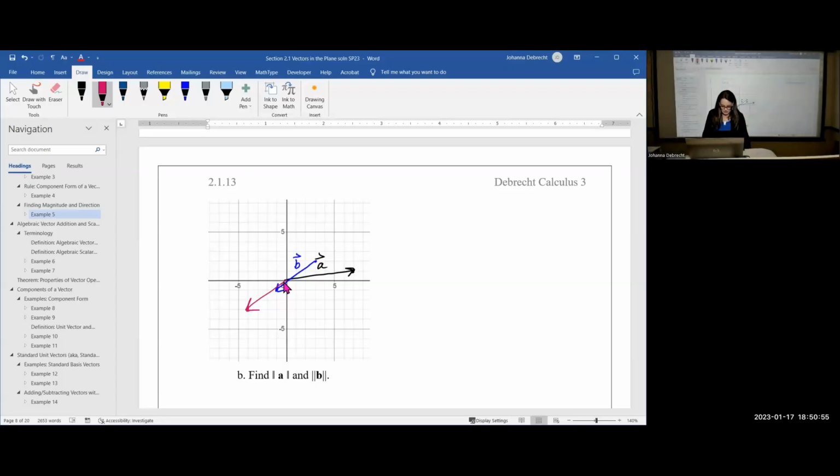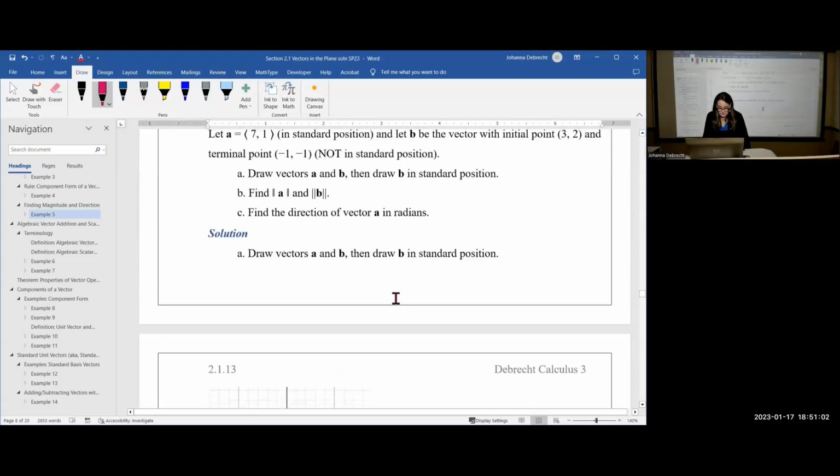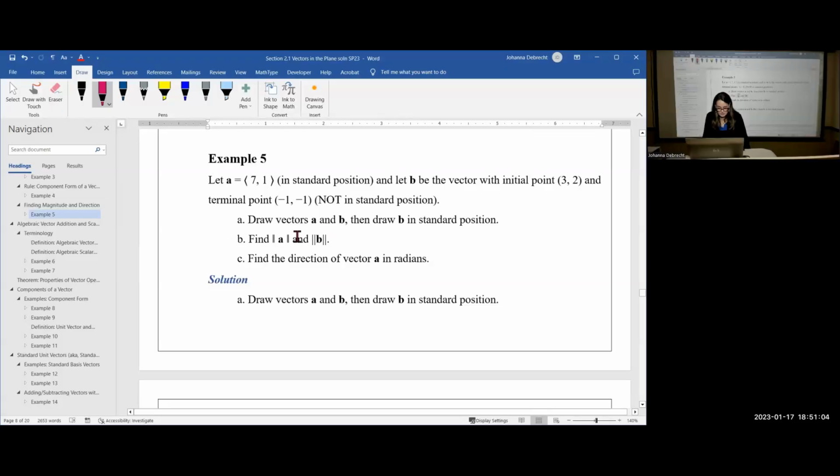Now, the next thing that it asked us to find, and this of course is also B, it's just in standard position. The next thing it asked us to find was the magnitude of each one. Now, in component form, which is the angle bracket 7, 1, it's super easy.